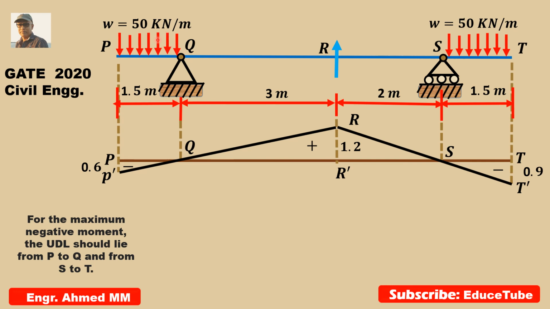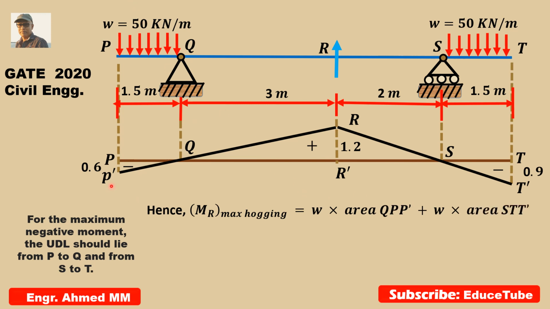Also we know the intensity. So we just need to multiply the area of this influence line diagram and this load. So we can write the formula very easily: W multiplied by the area.